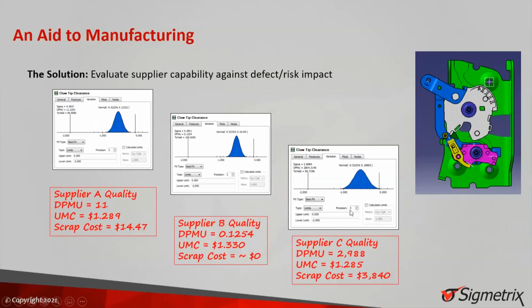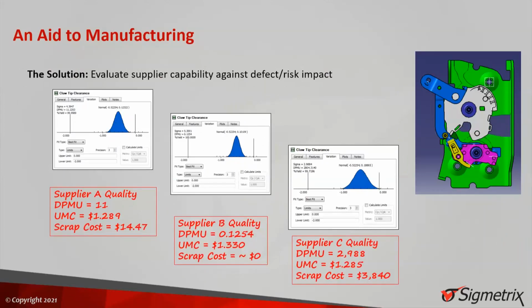They got three suppliers, say A, B, C, and they got different manufacturing data, right? Different mean value and different distribution. That is different standard deviation. Of course, the unit price is different.